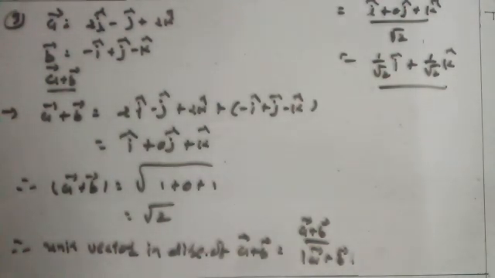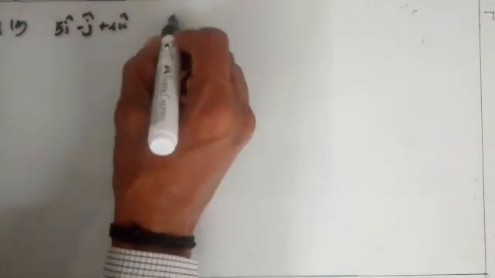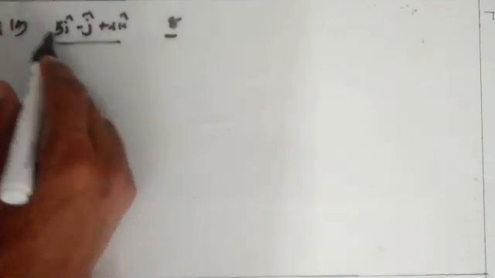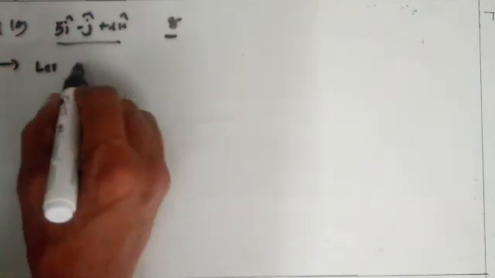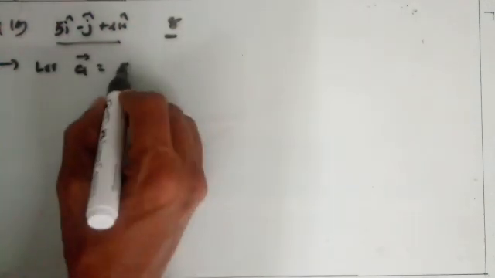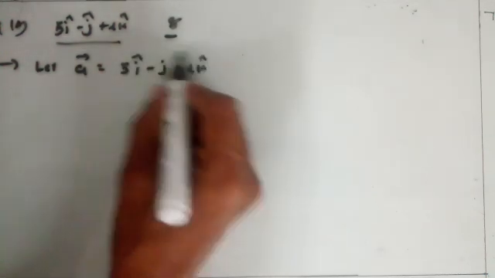Now question number 10. Find the vector in the direction of vector 5i minus j plus 2k which has magnitude 8 units. First, denote the given vector by A. Let vector A is equal to 5i minus j plus 2k.